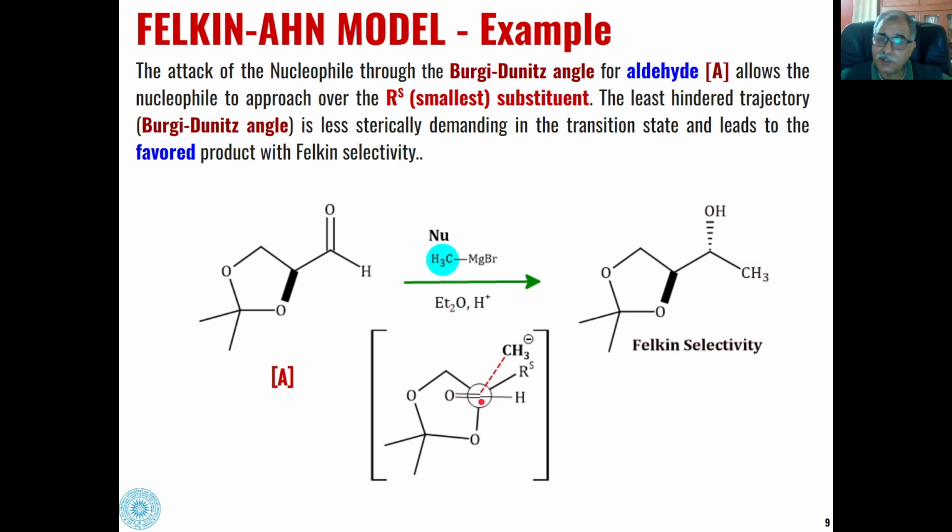When we draw the transition state of this reactant, this H will be the smallest group, and the nucleophile will attack from the side of the smallest group. So we will get this product with Felkin selectivity.